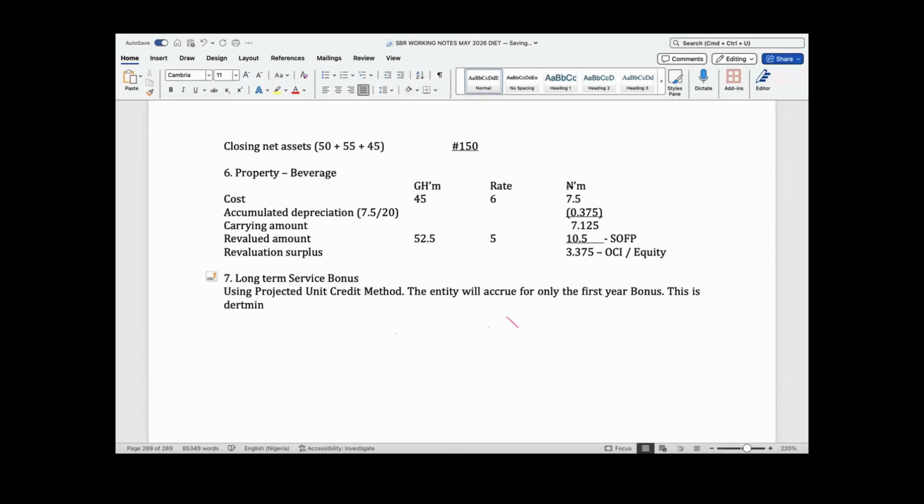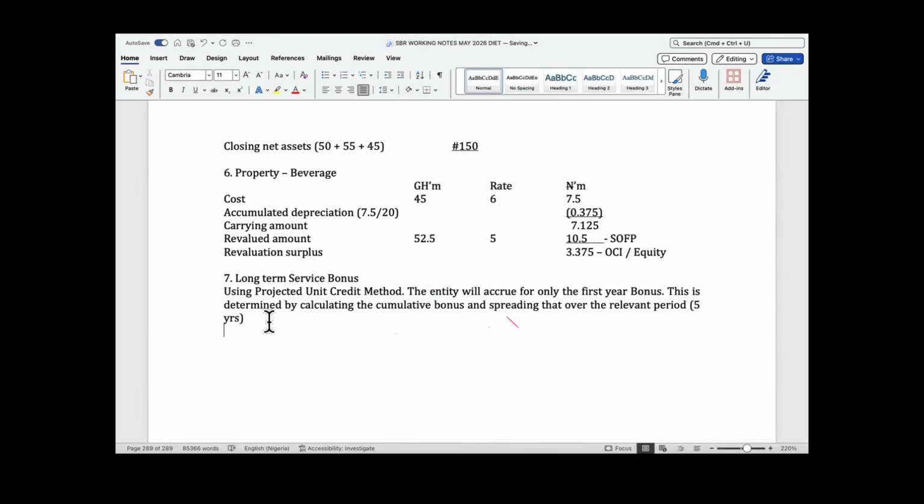This is determined by calculating the cumulative bonus and spreading that over the relevant period, which is 5 years. In this period, we're looking at 5 years.